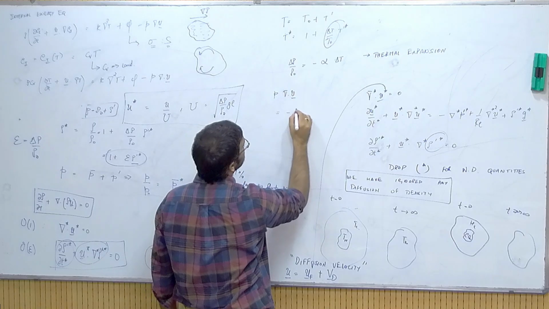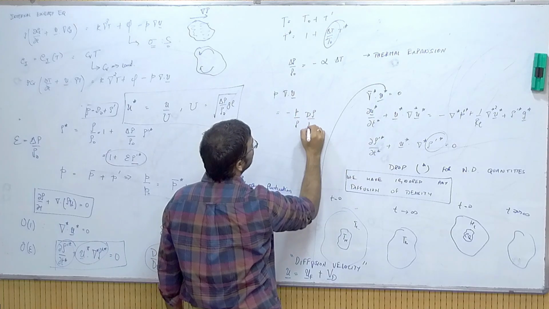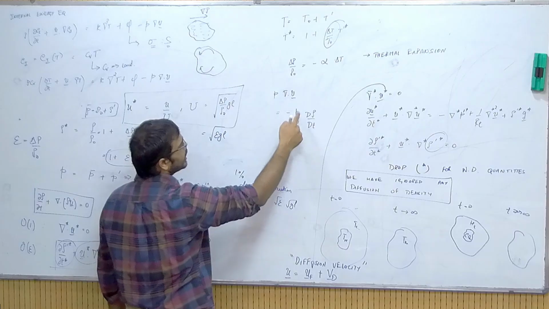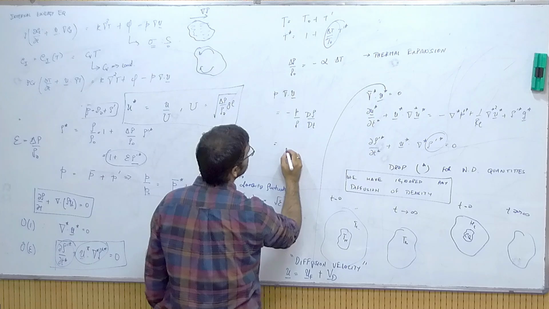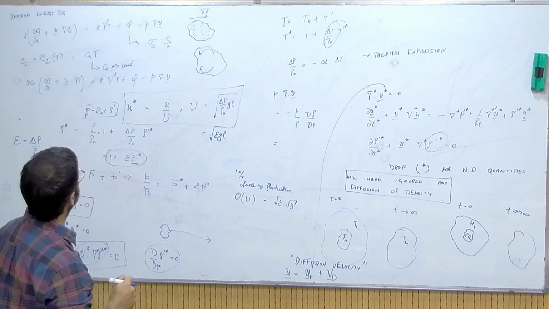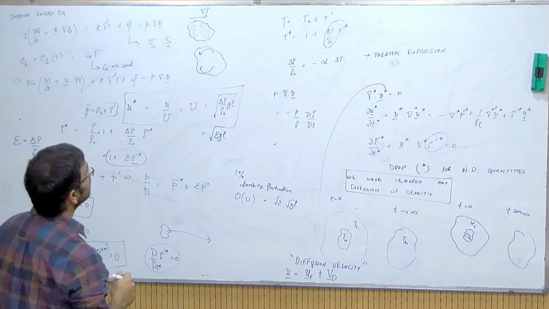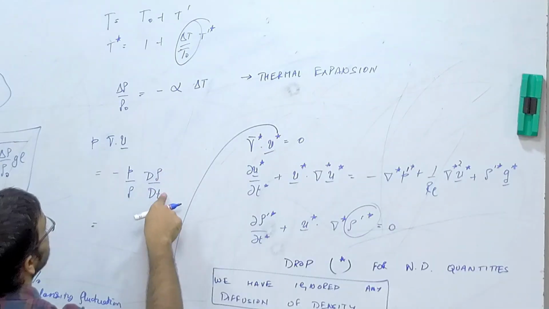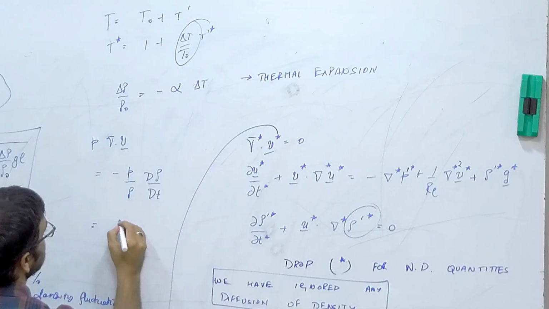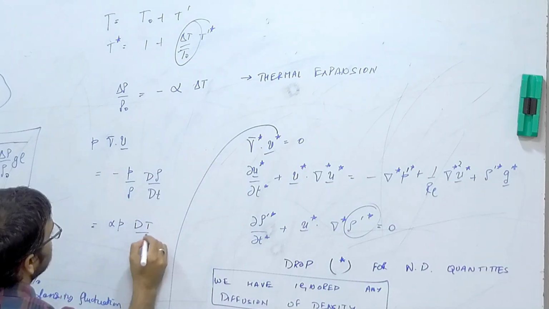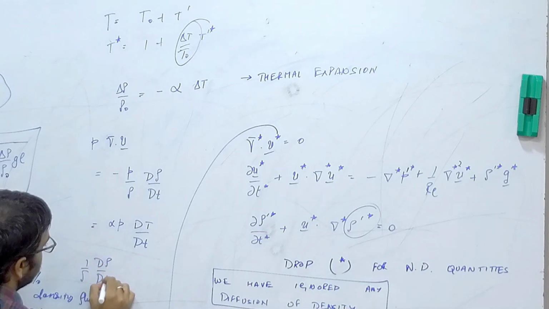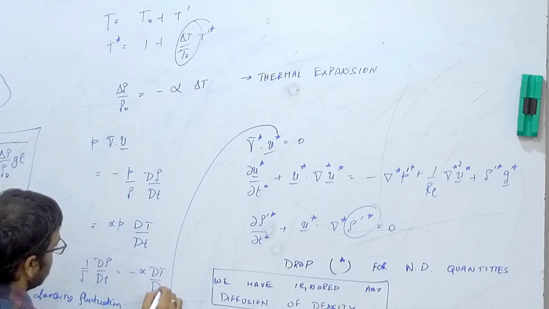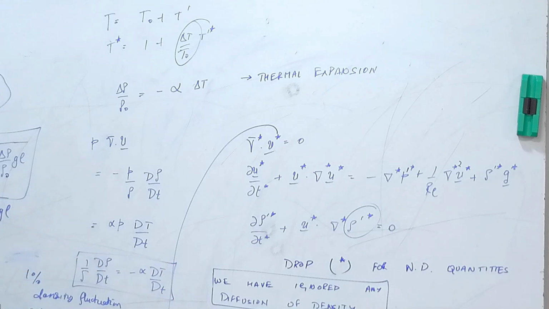So del dot u is minus 1 by rho d rho by dt from the continuity equation, so P del dot u is minus P by rho d rho by dt, which you can replace as P alpha dT by dt from the definition of alpha, that is, 1 by rho d rho by dt is minus alpha dT by dt. You can replace this here.